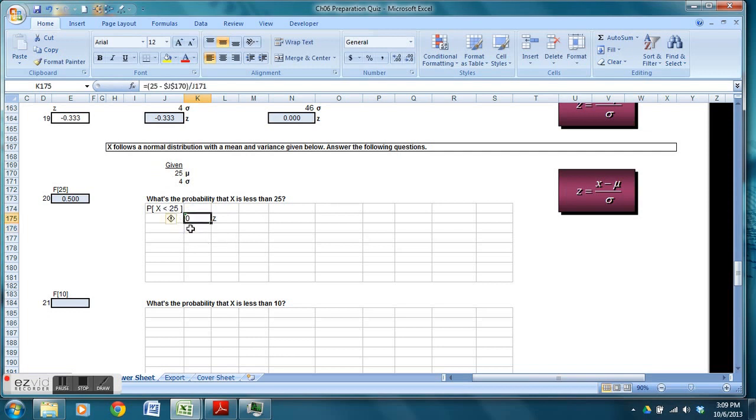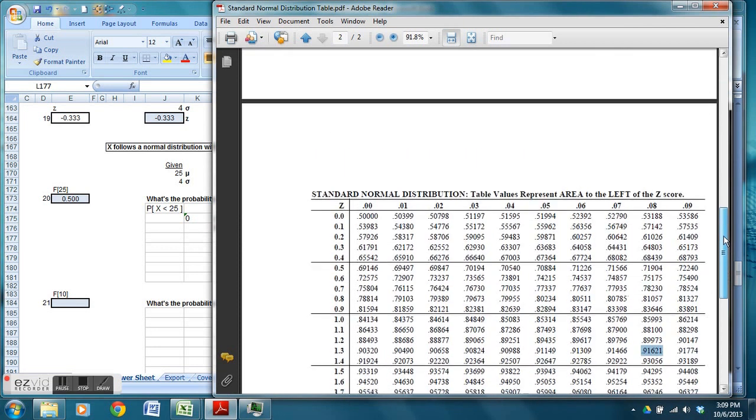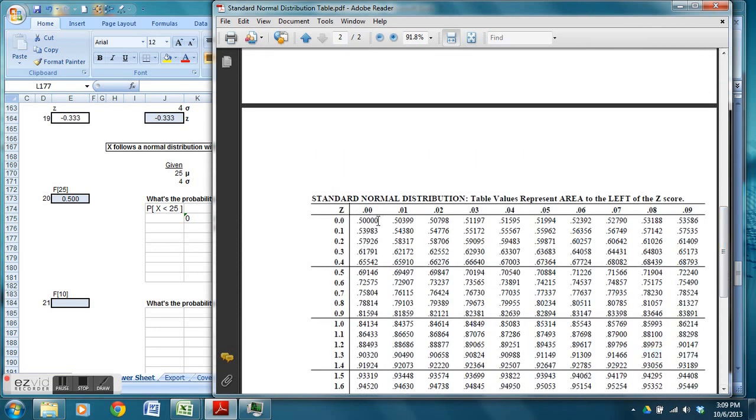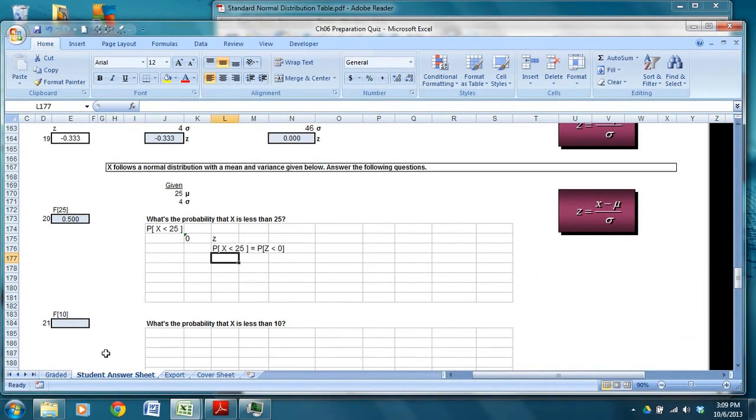Since we know that's the z-score, now we know that the probability of x being less than 25 is equal to the probability of z being less than 0. And since this is in terms of less than, and it's in terms of standard normal, that's what the table's probabilities tell us. So we just look up 0 in the table and realize that's 50%.